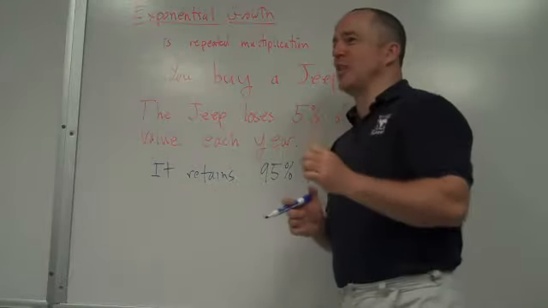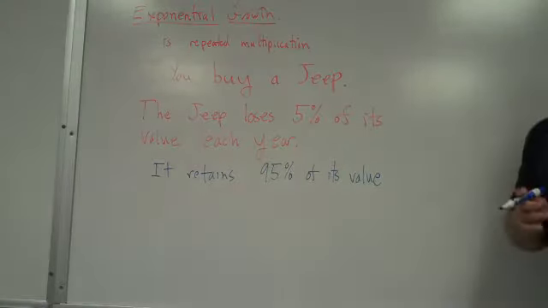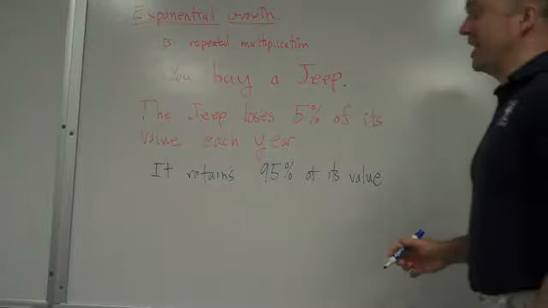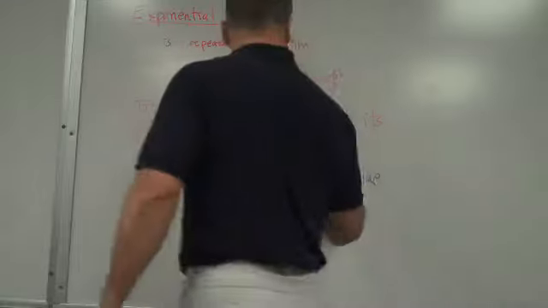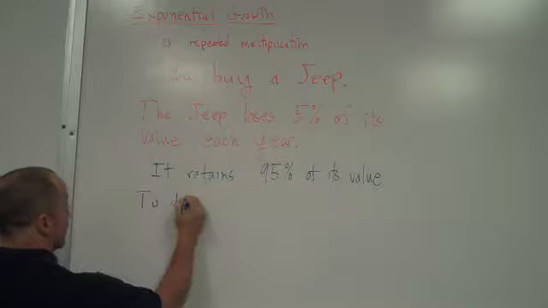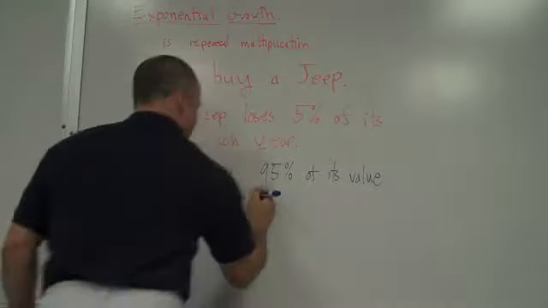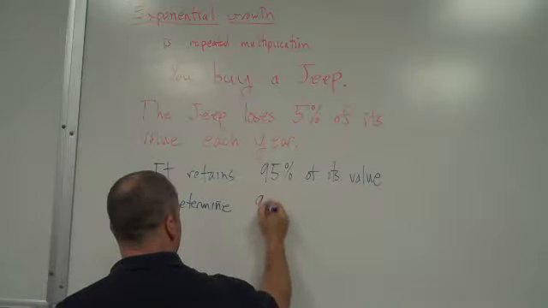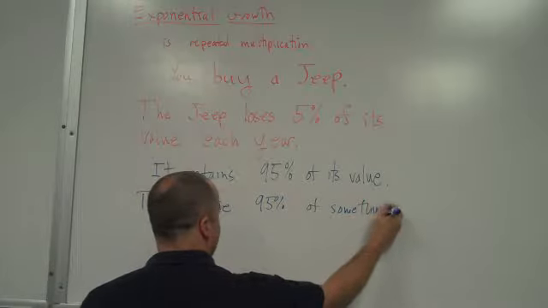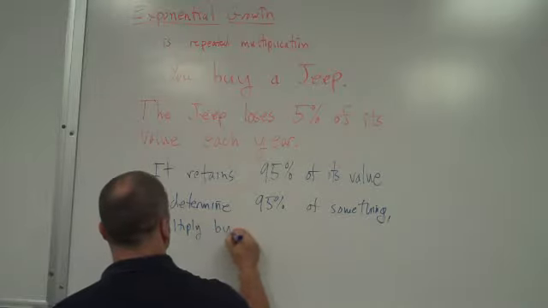Okay, you guys learned a very good way to do this in middle school. I'm going to teach you a new, faster way. What decimal is 95 over 100? 0.95. Okay, here's the other. Retains 95% of its value. To determine the new value, to determine 95% of something, multiply by 0.95.